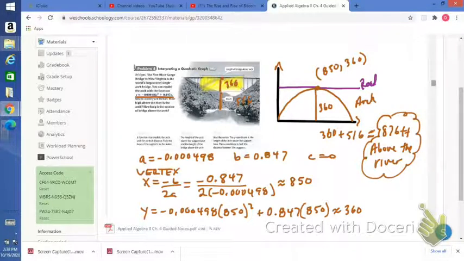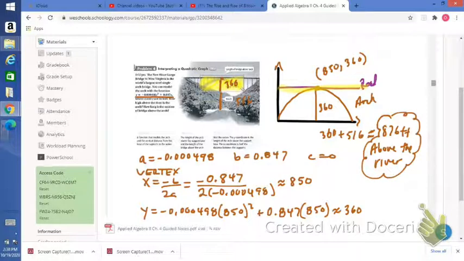Okay. Now, how long is the section of bridge above the arch? Alright, so in purple, there's the section of bridge above the arch. How long is that?